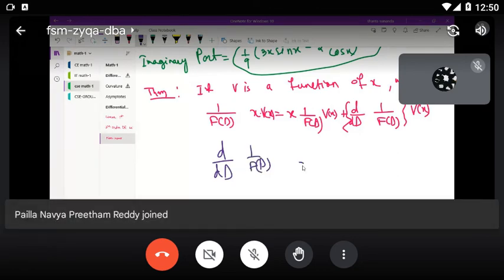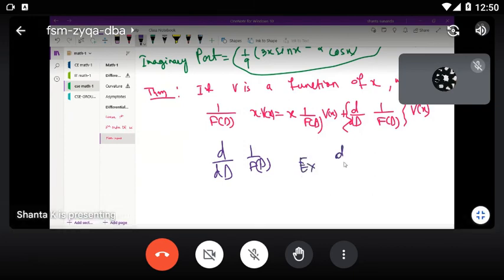Okay, for example, suppose we have 1 by d square. If you differentiate it with respect to x, what will you be getting? Derivation is there. But here, if you differentiate it, what will you be getting?